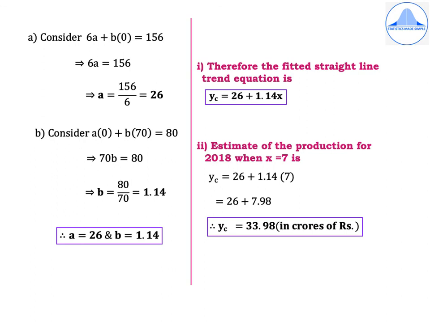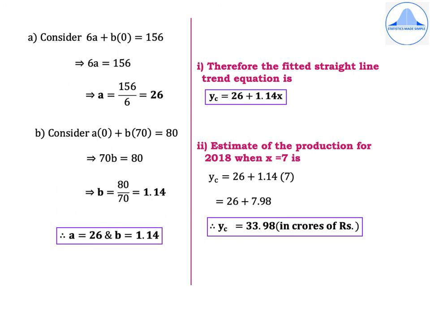Now to find out the constants a and b, we substitute for n and summation x, summation y, summation x square, and summation xy in the two normal equations. So doing that, in the first normal equation, consider 6a plus b into 0 is equal to 156, or 6a is equal to 156, or a is equal to 156 divided by 6, which is equal to 26.